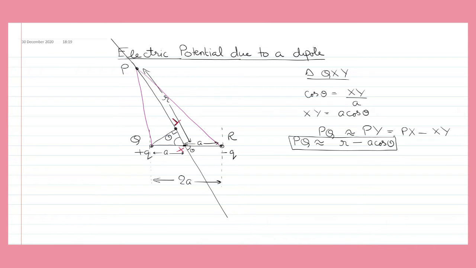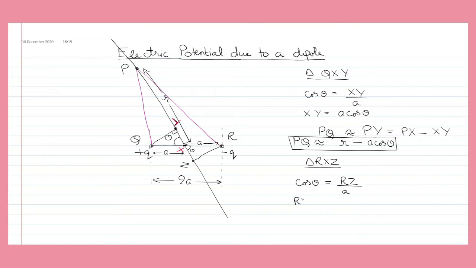Now I drop another perpendicular from R to this PX extended, and suppose this point I take as Z. So there will be a triangle RXZ. In this triangle RXZ, I can write cos theta is equal to RZ upon a.